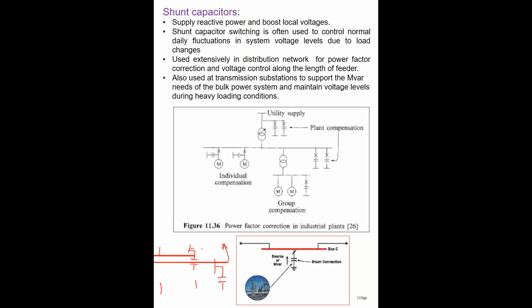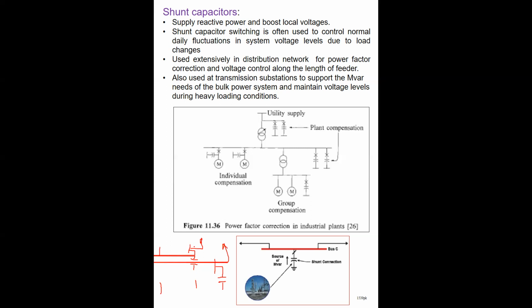So the voltage deviation from the nominal value you mainly come across at the load buses, not at generator buses, not at some other non-load buses.